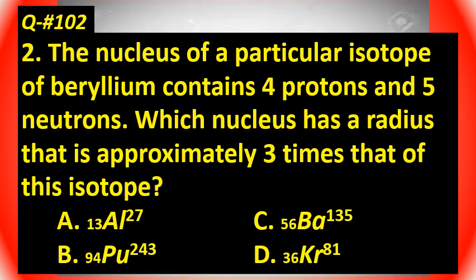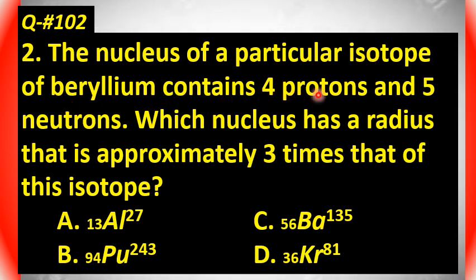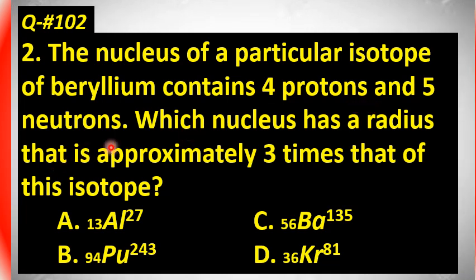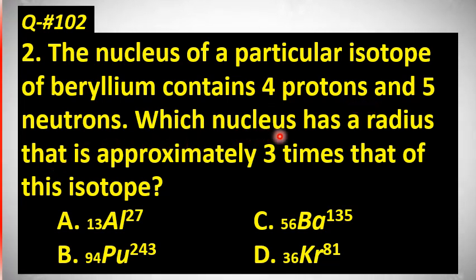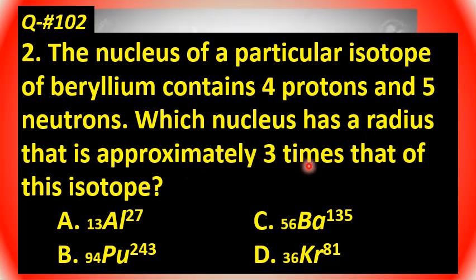Question number 2. The nucleus of a particular isotope of beryllium contains 4 protons and 5 neutrons. Which nucleus has a radius that is approximately 3 times that of this isotope?